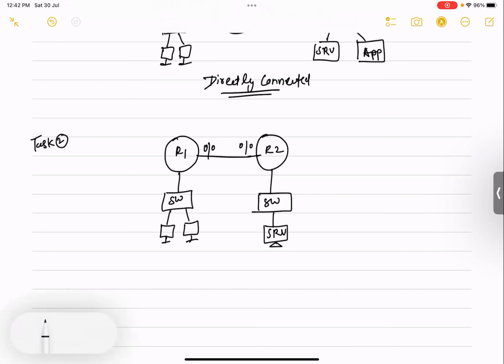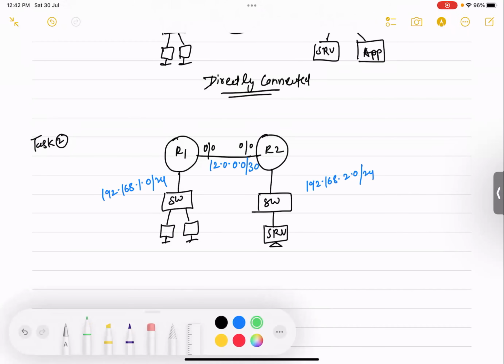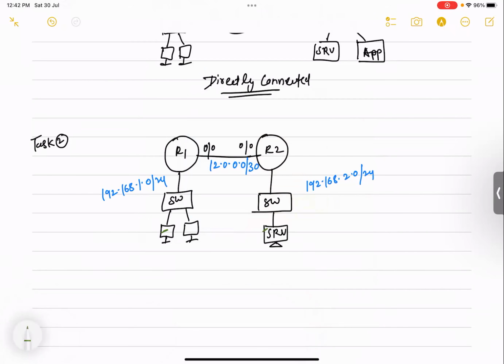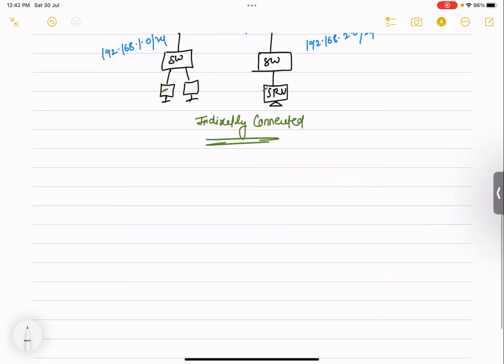So in this case, we need to define the networks: 192.168.1.0/24, 192.168.2.0/24, and 12.0.0.0/30. Now, if I'm asking whether communication from this user to this server is possible? No, without routing it is not possible, because this one is indirectly connected.